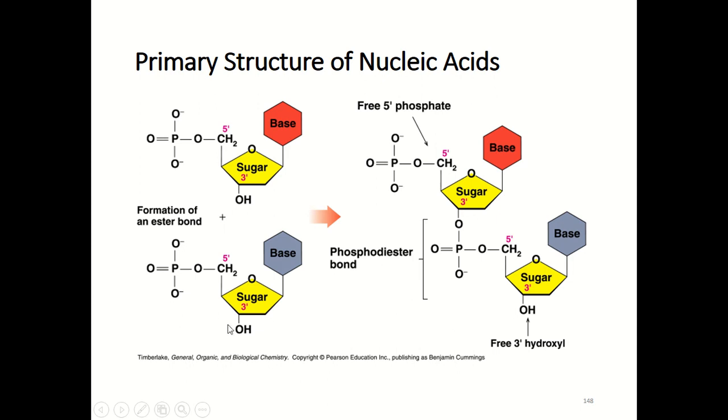This is another molecule of nucleotide. And then, through a dehydration process, these two nucleotides will link together through a phosphodiester bond. Okay? The phosphodiester bond is the one that links one monomer to another monomer of nucleotide.